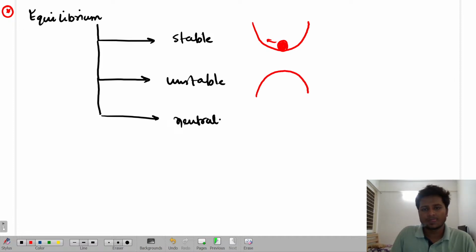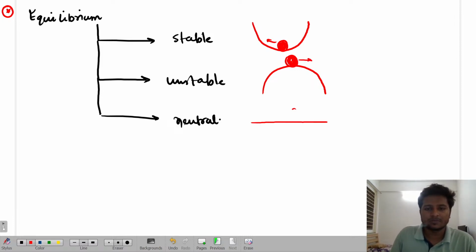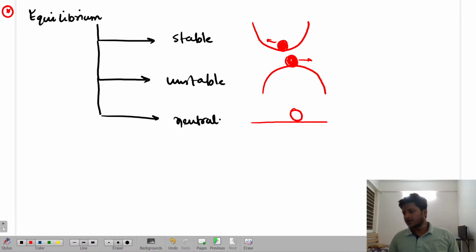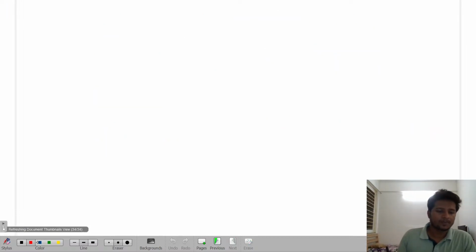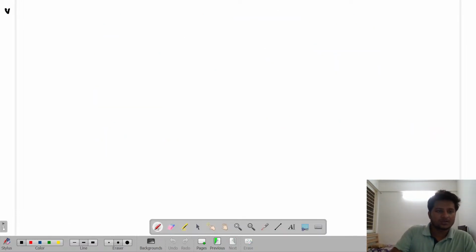Unstable is when I displace it a little bit, and then this particle will never return to its initial condition. Neutral is simply if I place it on a neutral level, then it is called a neutral equilibrium. Are you able to get me or not? So these were our conclusions regarding equilibrium. But the same thing can be told about the equilibrium of the charges which we are placing here and there.